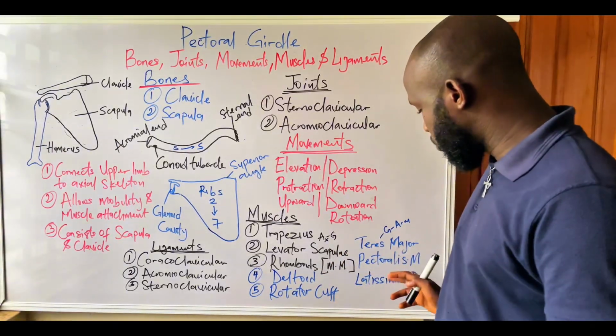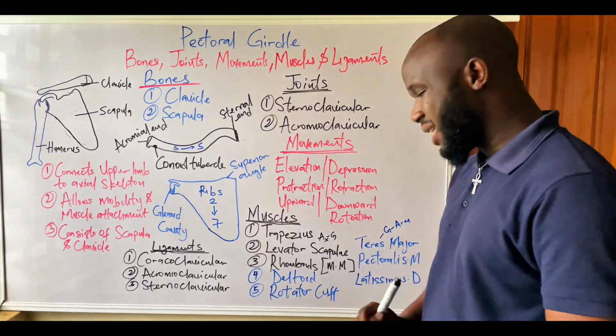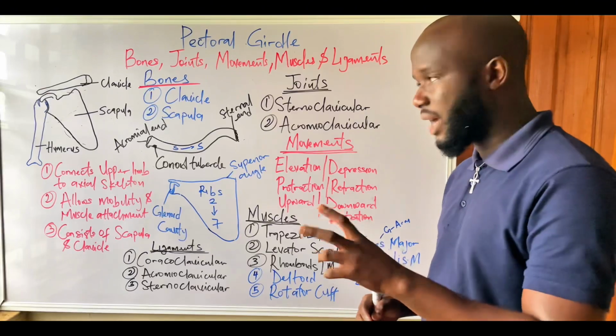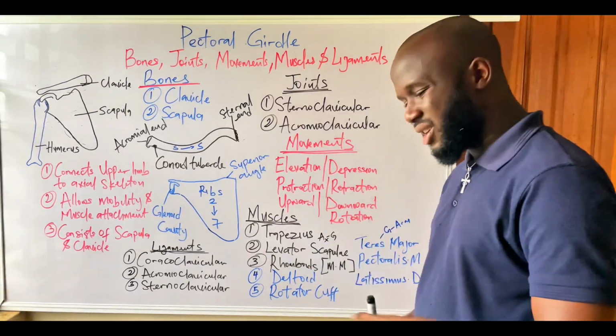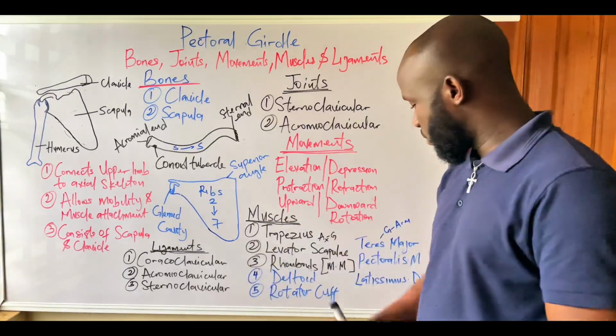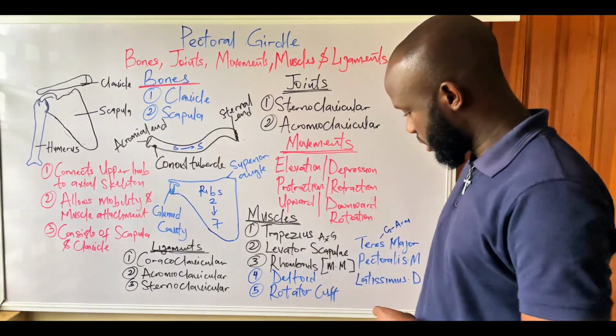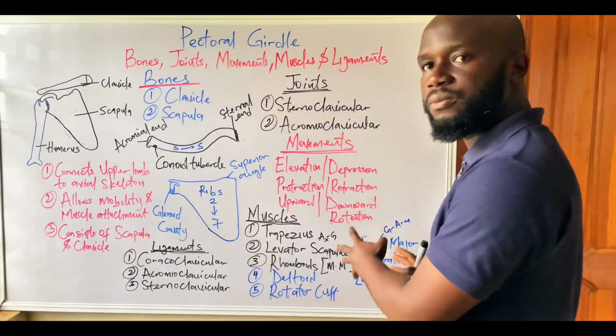We also have the teres major, the pectoralis minor, and the latissimus dorsi muscle. So once again, we have two groups of muscles that act on the pectoral girdle: the ones that connect the axial skeleton to the girdle, and the ones that connect the girdle itself to the arm, and they are labeled in black and in blue, respectively, on the board.